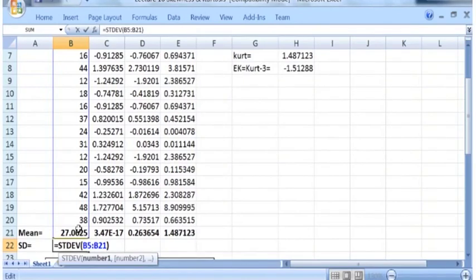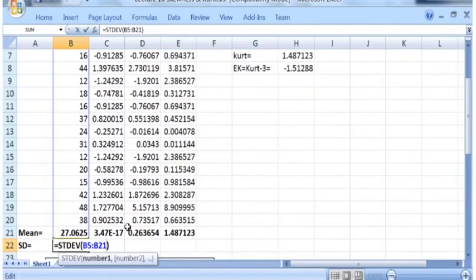We also know that the sum of x minus x bar is 0, so this 27 minus 27 will be 0. So this new observation will not make a difference in the sum, because we are adding 0 but adjusting the denominator.